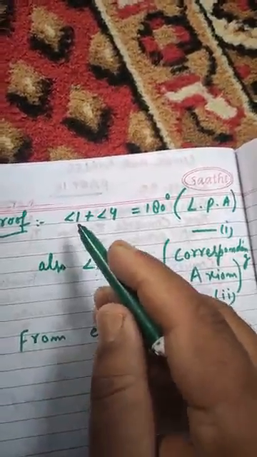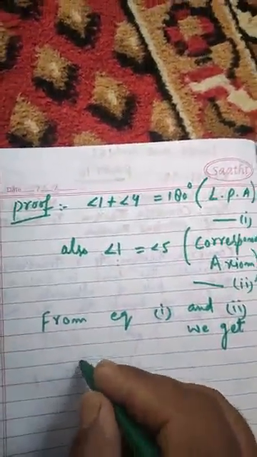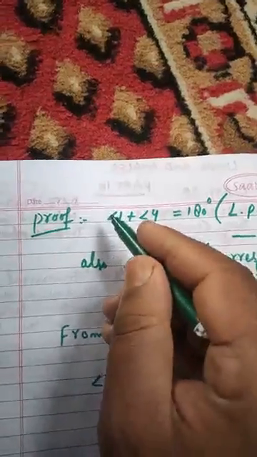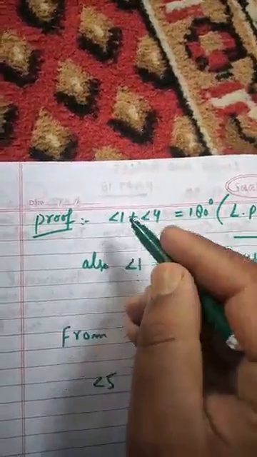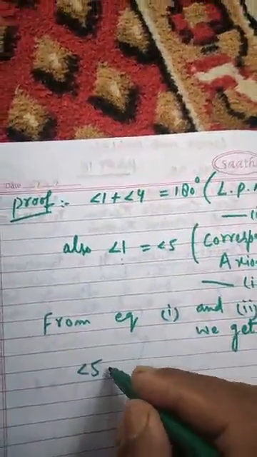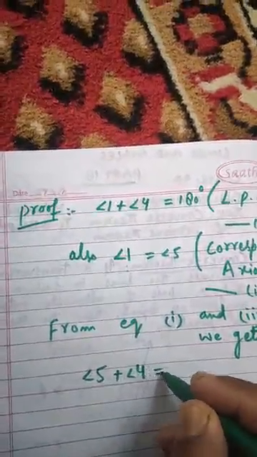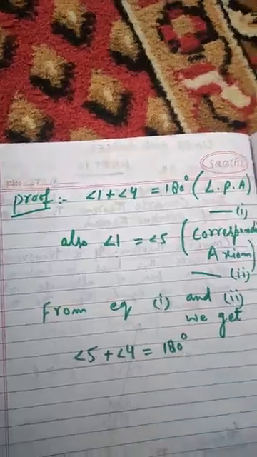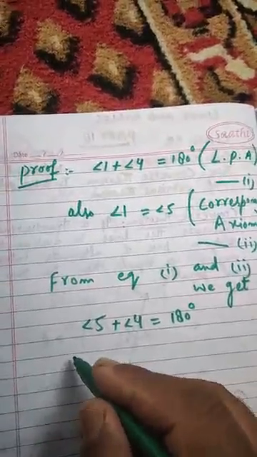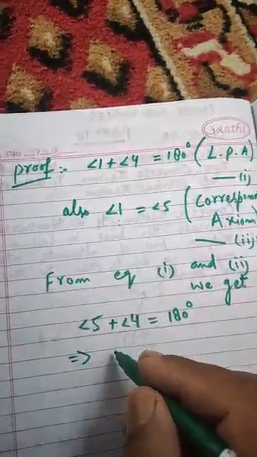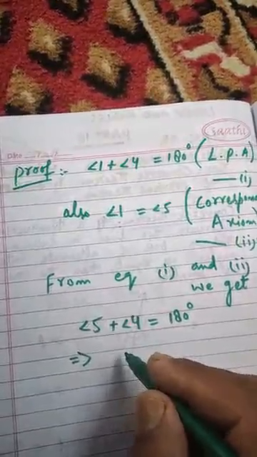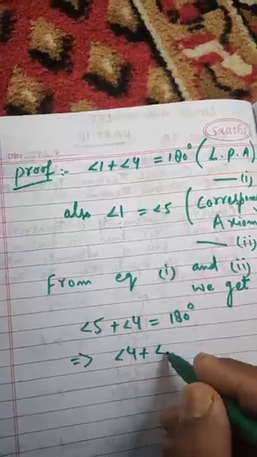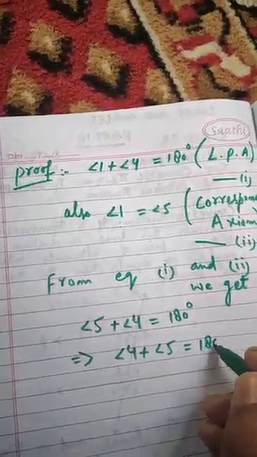So instead of angle 1 we can write angle 5. Angle 5 plus angle 4 is equal to 180 degrees, or we can write angle 4 plus angle 5 is equal to 180 degrees.